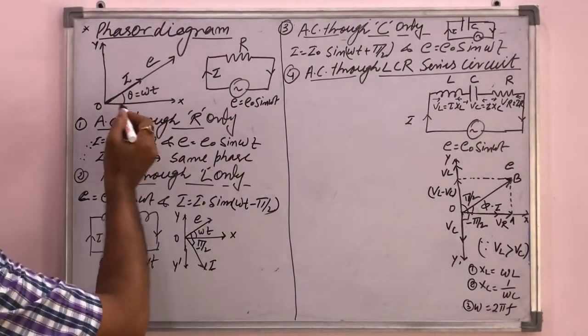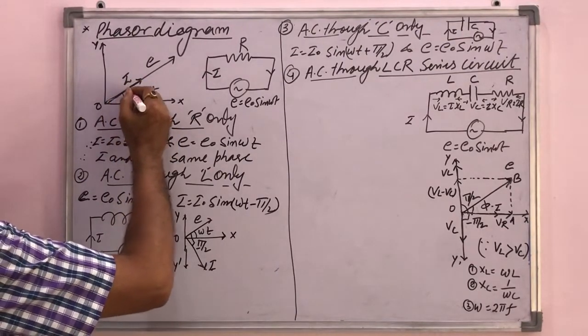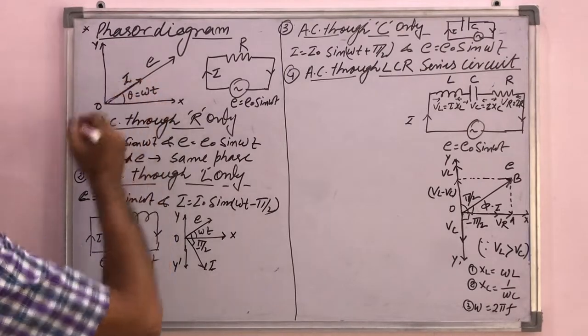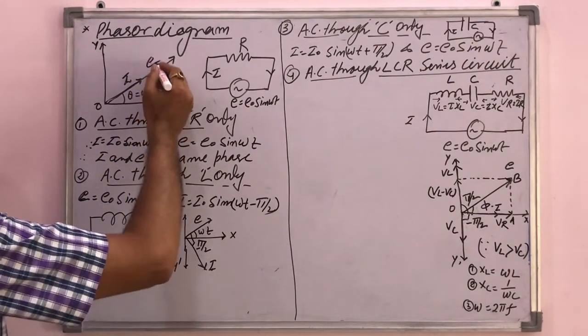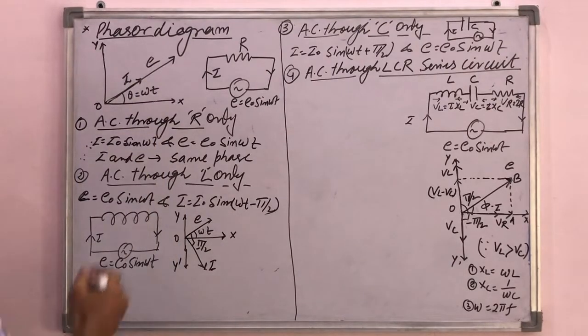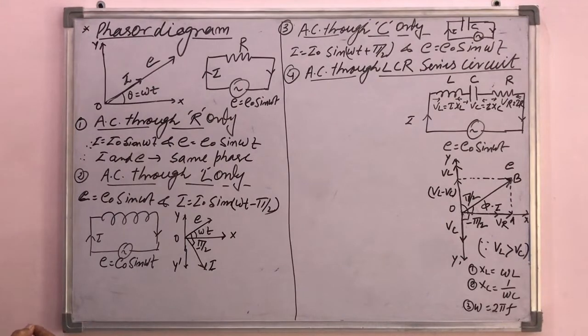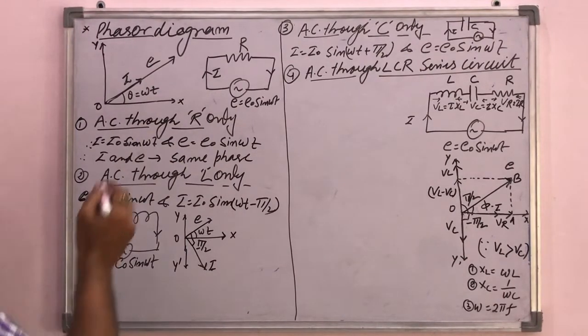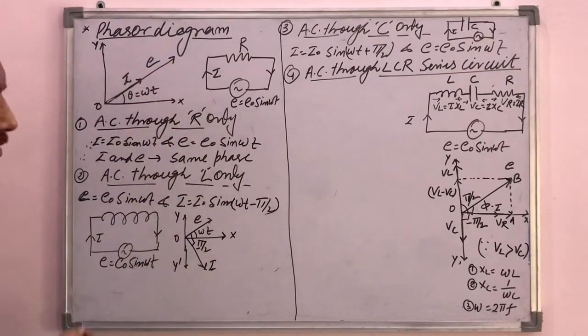In the first diagram, the first small vector is represented by the vector for I, and the long vector is represented by the vector E for the EMF. Suppose these are parallel to each other, so in that condition they make some angle with the x axis, and the angle between them will be equal to 0.